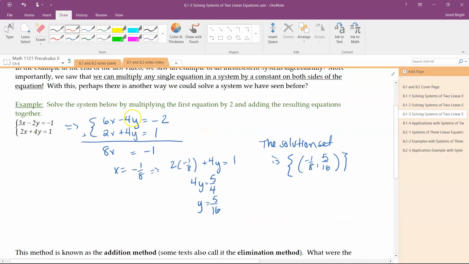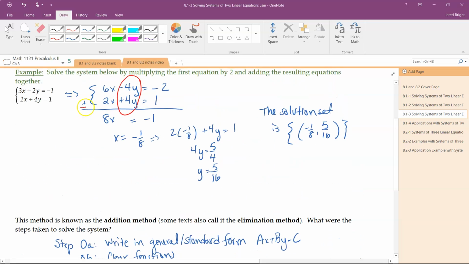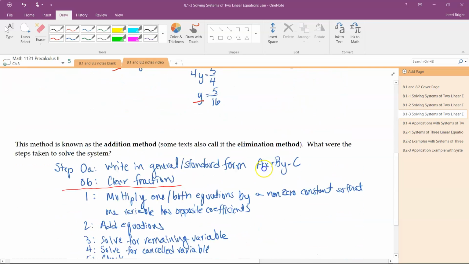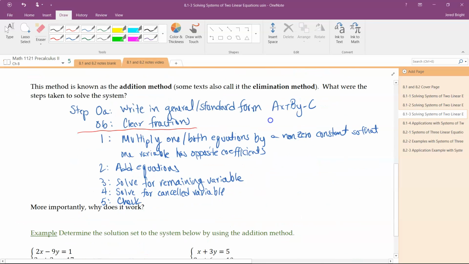That happened here with our y. We had opposite coefficients. And then we wanted to add the equations, right? Solve for the remaining variable, and then resolve for the canceled out variable, and then state our solution set. Now I could check this, but I checked it before, so I'm not going to check it now.